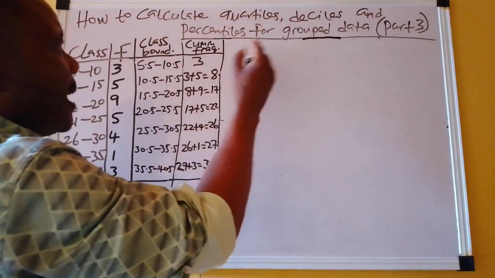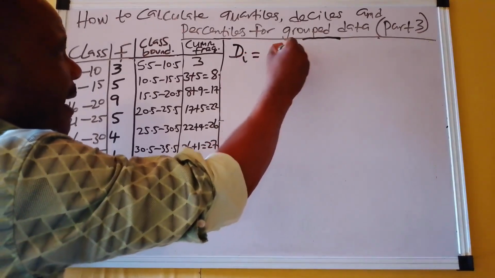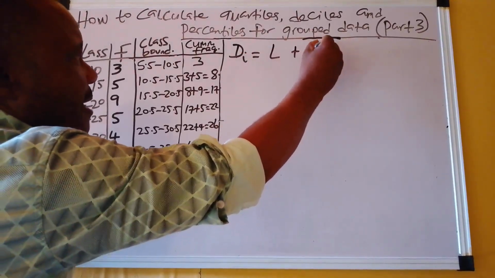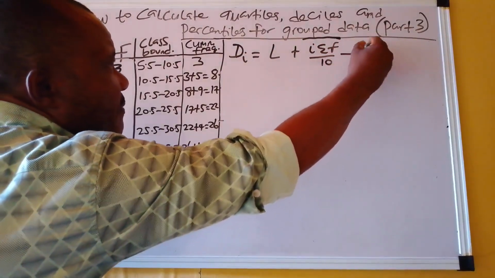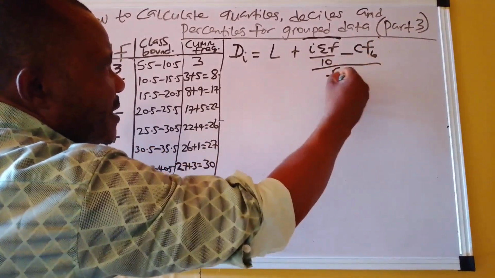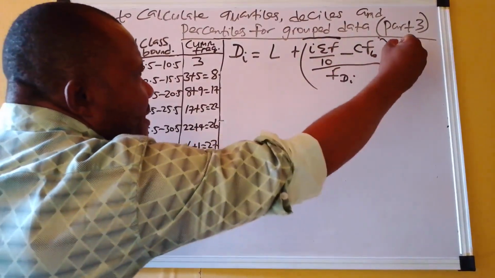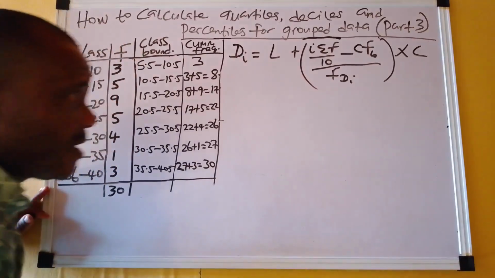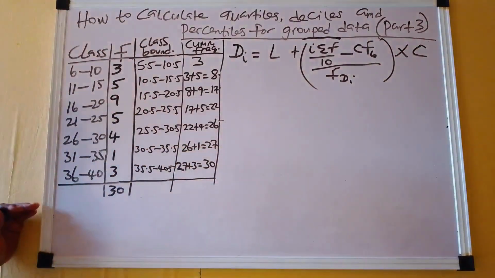Now, I will give the formula again. Di is equal to L plus I summation F all over 10 minus cumulative frequency before that class, all over the frequency of the decile class, times our class size C, or class weight, whichever name you want to call it.